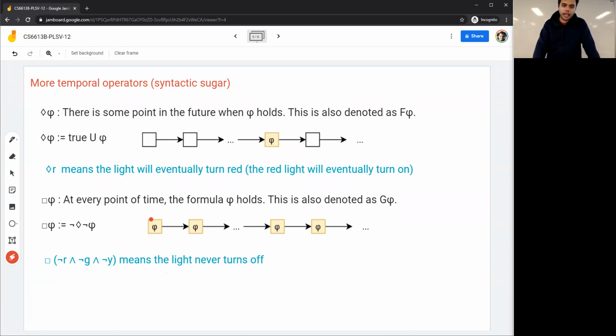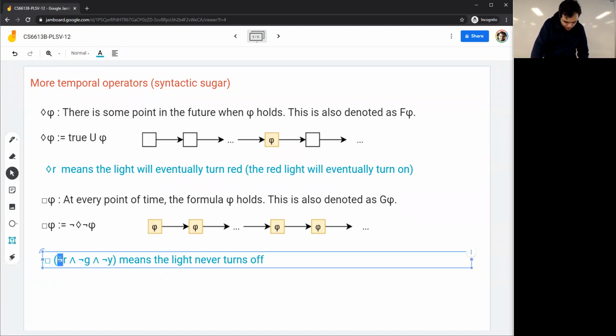So phi holds at the beginning, it holds at step 1 and step 2, it holds basically all the time. So for example, when I say that always I have the property that, oh, okay, I forgot something here.